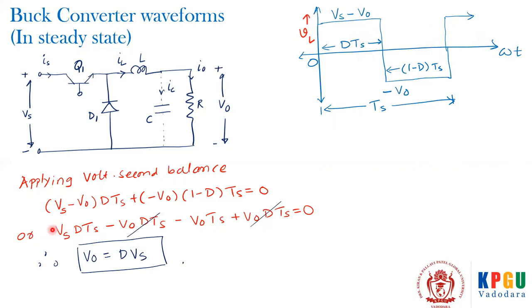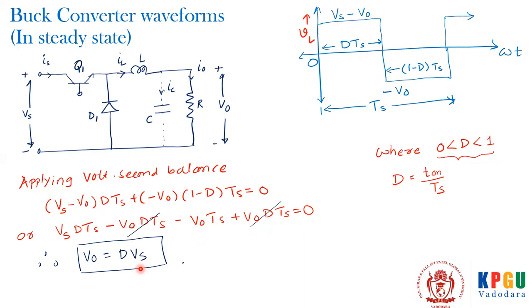Or I should say this Vs minus V0 into D Ts is this area, plus this area, is going to be 0. So if you substitute this and simplify mathematically, we get the output voltage V0 is equal to D times Vs, where D is nothing but the duty ratio, which is T on divided by Ts. And it can be in the range 0 to 1, right? At the most, it can be 1.